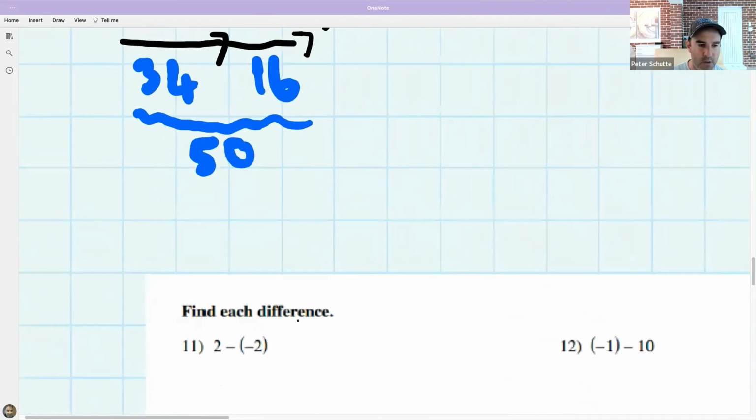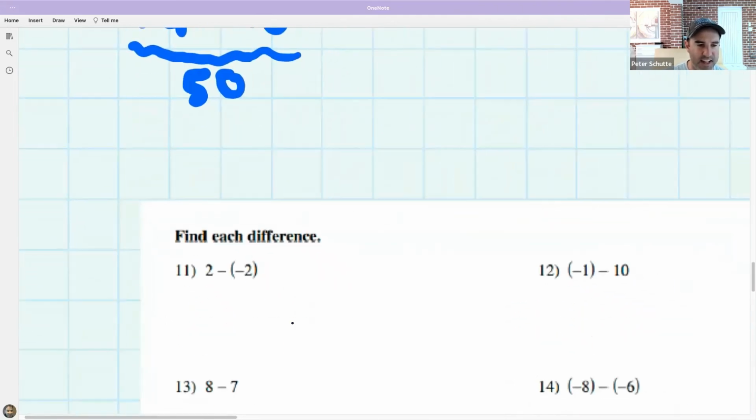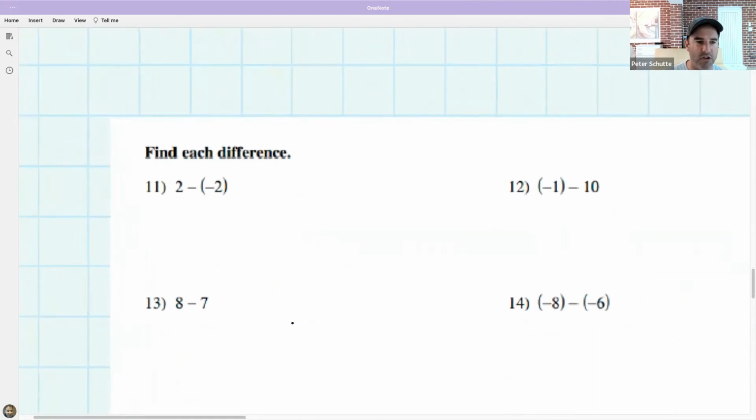Now, question 11 is 2 minus minus 2. Earlier in the lesson I asked you what it means if we have a double negative, and what we said was, if I'm not hungry, I'm actually hungry. The two negatives cancel each other out. So what do you think the effect of minus minus 2 is going to be?